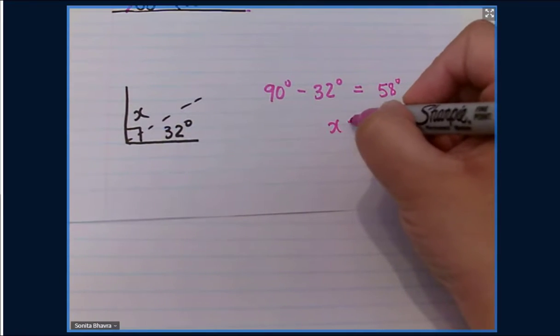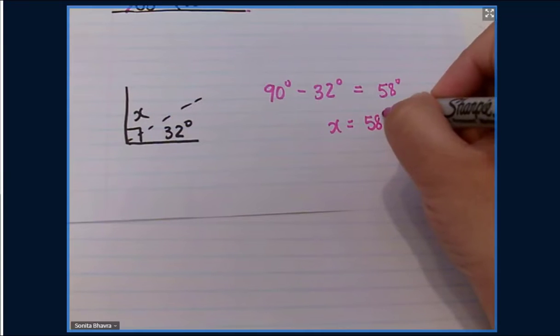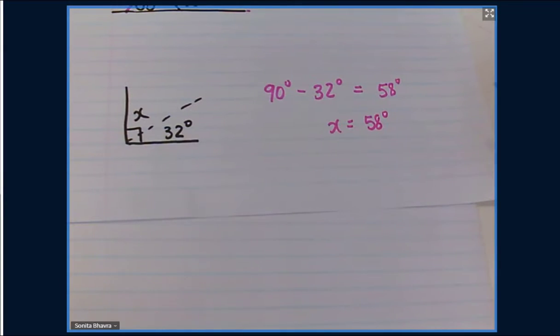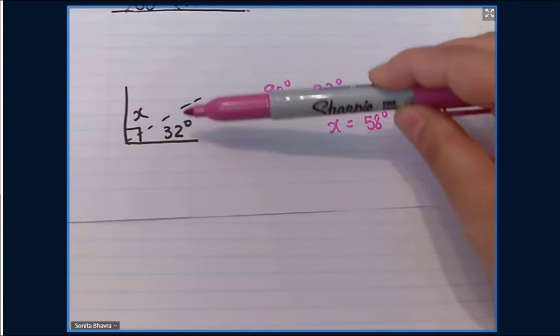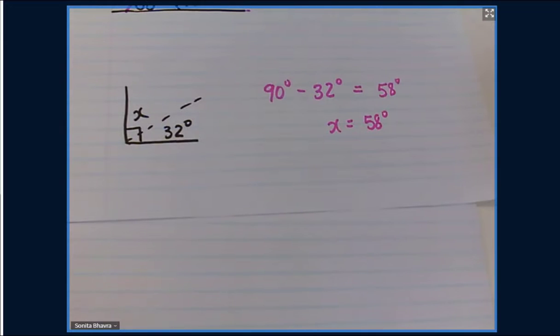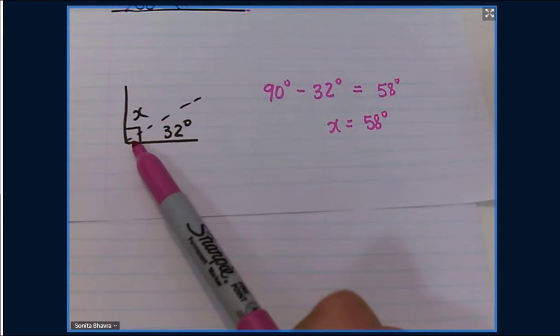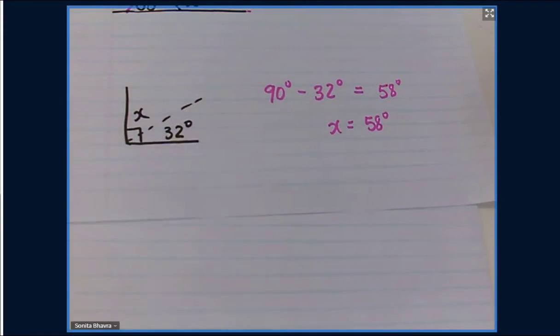All right, so x is equal to 58 degrees. And the reason being, we know that this angle plus this angle has to equal 90 degrees because we're shown that little square there, which represents a 90-degree angle.